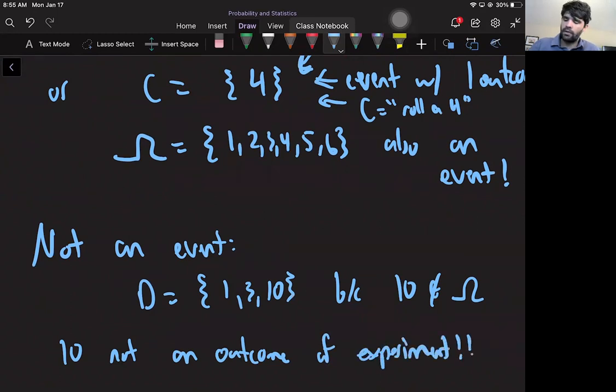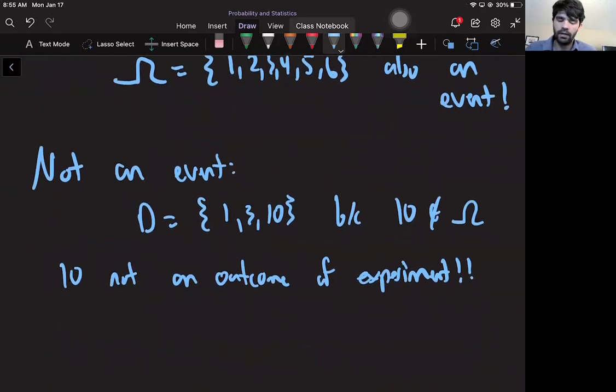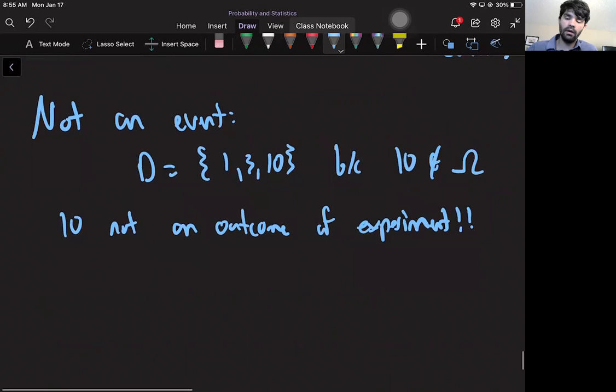So there's no way that you could ever roll a 10. So we're not going to count a 10 being in a set as allowable. So this is not an event. Even though 1 and 3 are okay, 10 ruins the whole thing. So it's not an event. Okay.